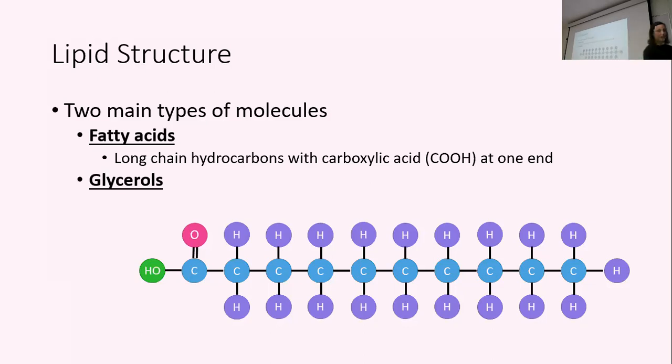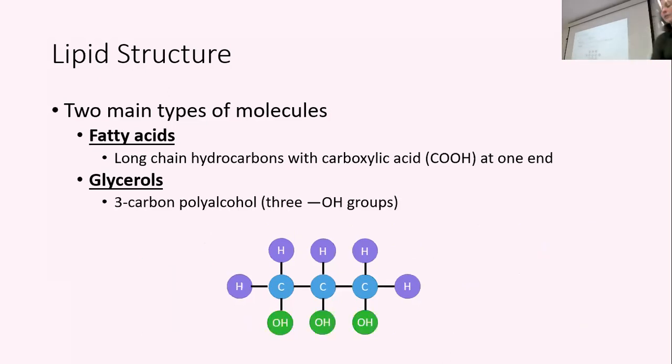All right, so we've got these hydrocarbon chains, and we're going to attach those to a glycerol. And a glycerol is just this little 3-carbon polyalcohol. So 3 carbons with 3 hydroxyls, and then we just fill the rest out with hydrogen, right? So we've got these glycerols, we've got these fatty acids.